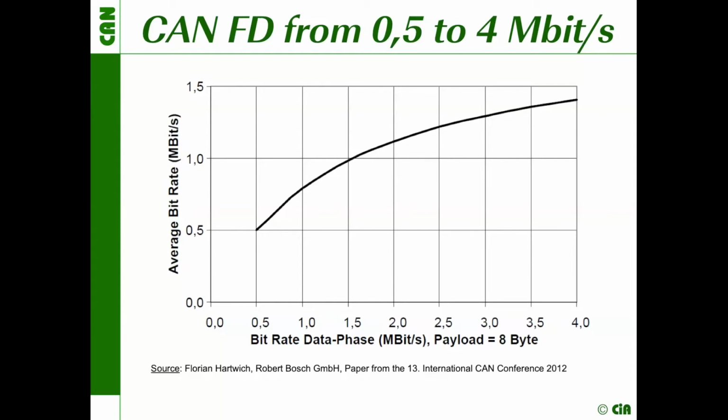And we can run network lengths like today with the limitations of a 500 kilobit. That would translate to 100 meters. If we increase the data rate up to 4 megabits, we are almost up to 1.4 megabits per second at an average bit rate.